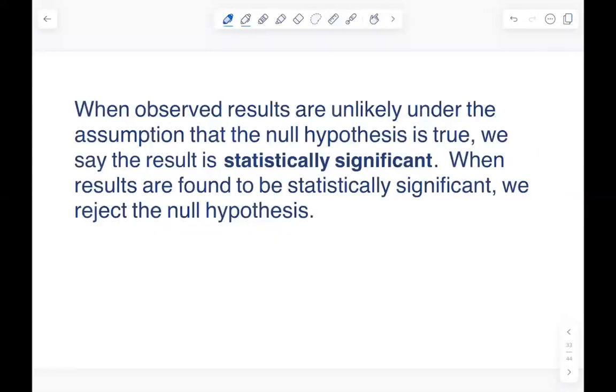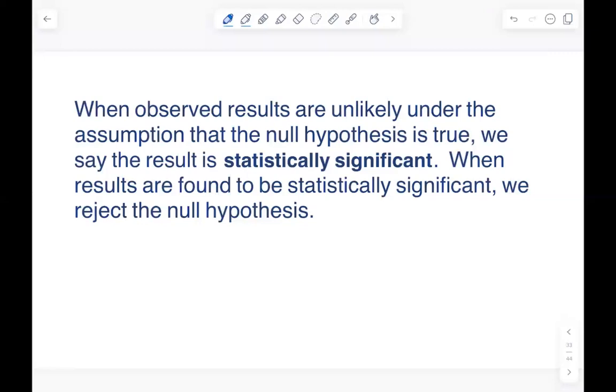All right. So if we determine something is unlikely to happen, remember we talked about that 5% rule. If we determine that something is highly unlikely to happen, like less than 5%, or less than alpha, that's our determining factor.